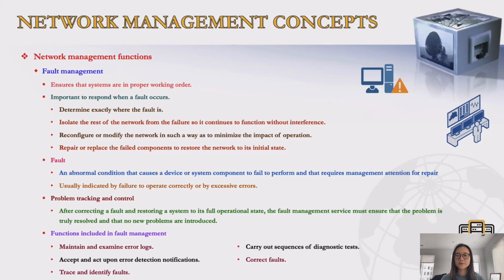To satisfy the aforementioned requirements, fault management generally includes several functions, such as maintaining and examining error logs, accepting and acting upon error detection notifications, tracing and identifying faults, carrying out sequences of diagnostic tests, and correcting faults.